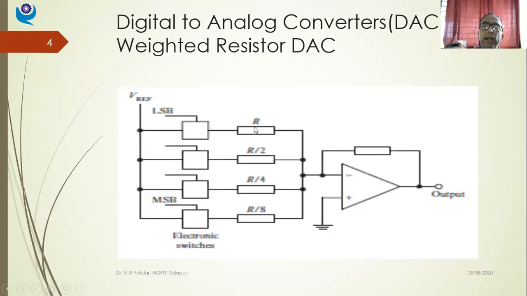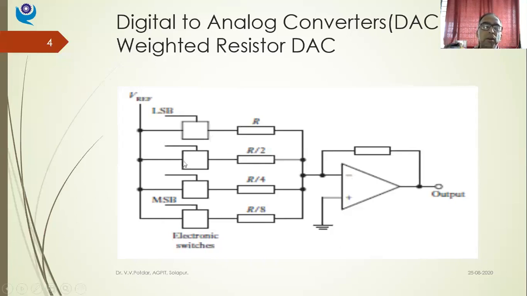We have series resistances R, R by 2, R by 4, and R by 8 for this reference voltage. And then we have electronic switches in between, in the path. Now, when these switches are put on, this line will be on and this reference voltage will be applied to my op-amp.